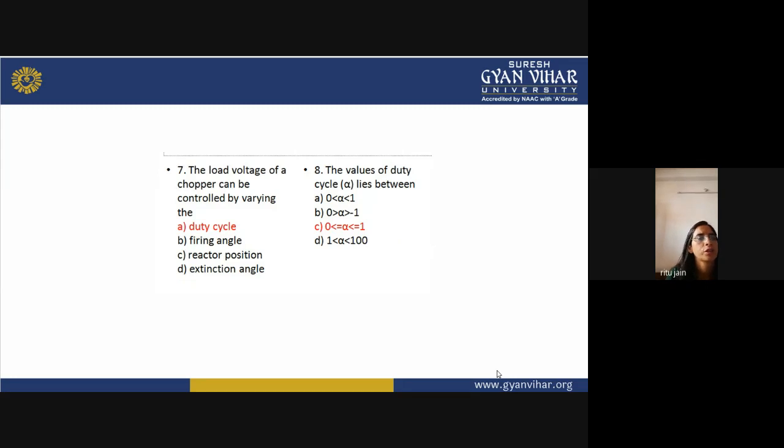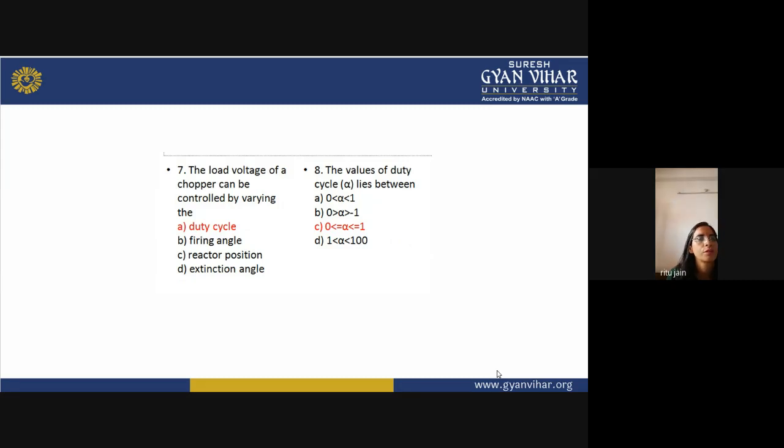Now the next point: the load voltage of a chopper can be controlled by varying the duty cycle, firing angle, reactor position, or extinction angle. So the load voltage of the chopper can be controlled by varying your duty cycle.